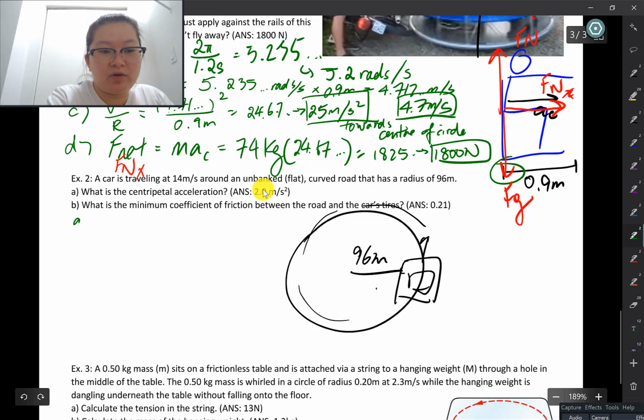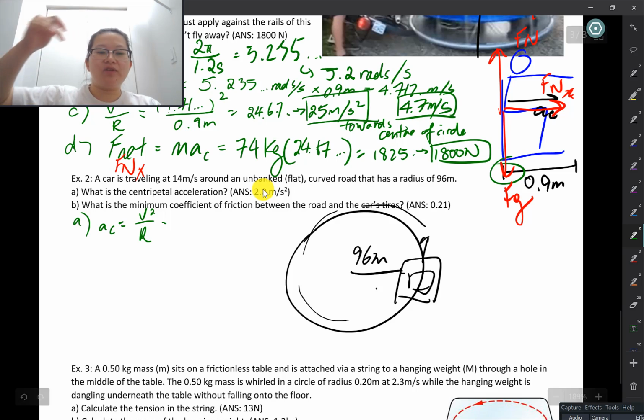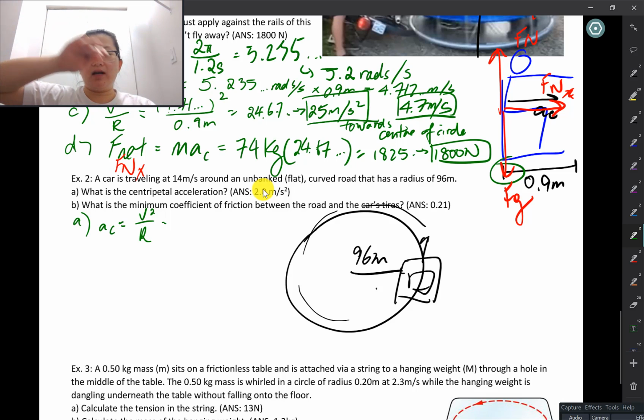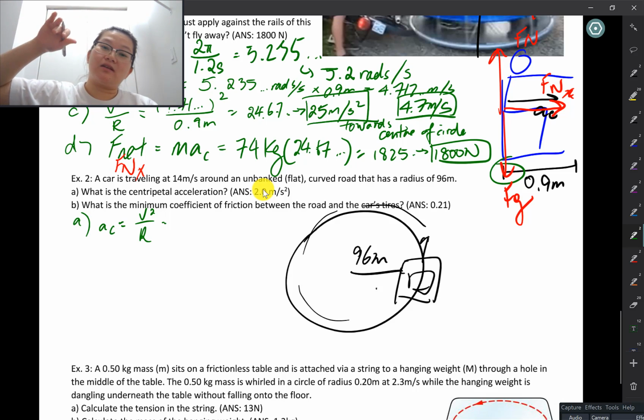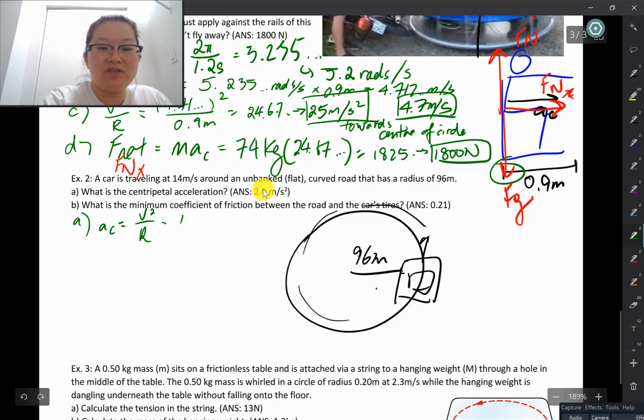A is pretty straightforward because we know the centripetal acceleration can be calculated by the tangential speed squared divided by the radius. Since the car is going at 14 meters per second around the circle, that is the car's tangential speed. So that's 14 meters per second, all of this squared, divided by the radius, which is 96 meters.